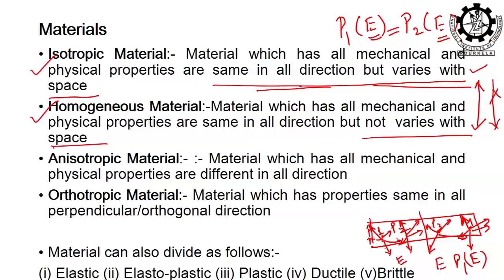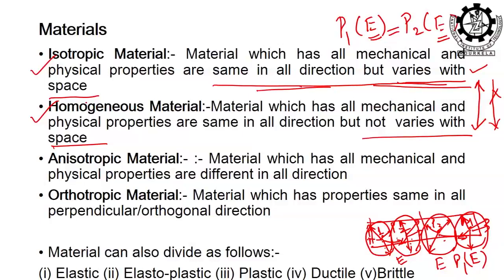That means if I go from one point to another, the properties are the same in all directions at point 1, the same in all directions at point 2, point 3 and point 4, but E at P1, E at P2, E at P3 and E at P4 are not the same. That is possible, which means it varies with the space.